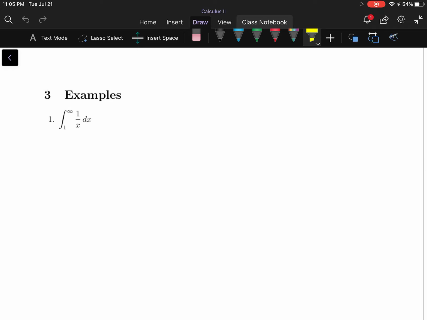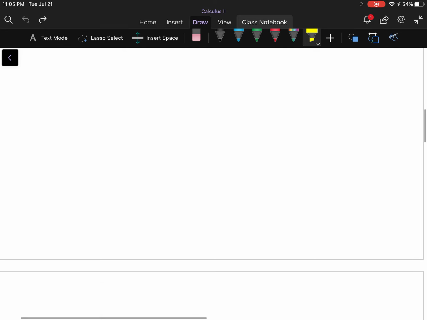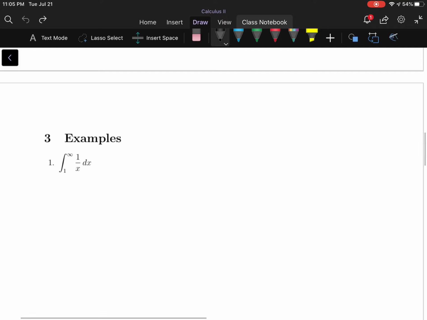And so I am going to restate this in terms of a limit. And I'm just going to use the value a, but you could use anything except x. So as a goes to infinity of the integral 1 to a of 1 over x dx.